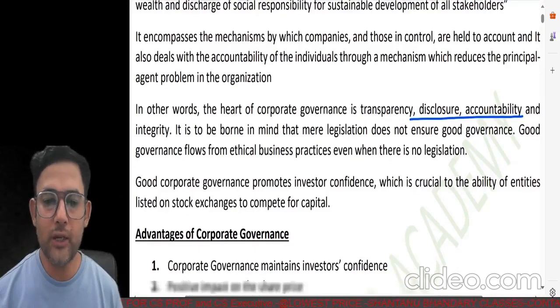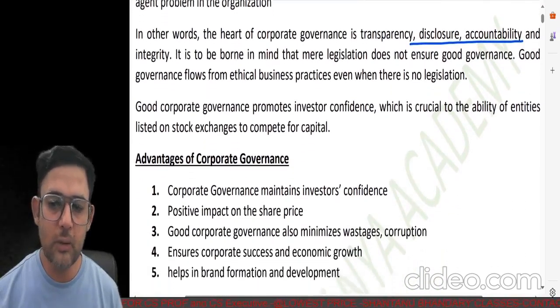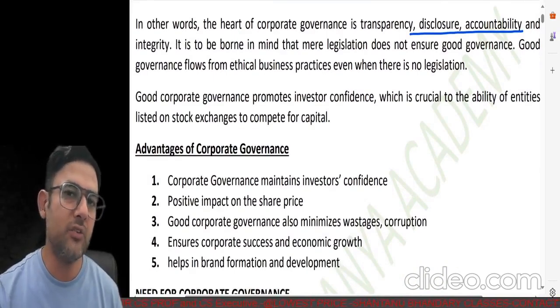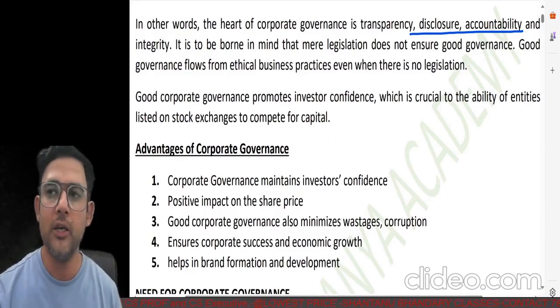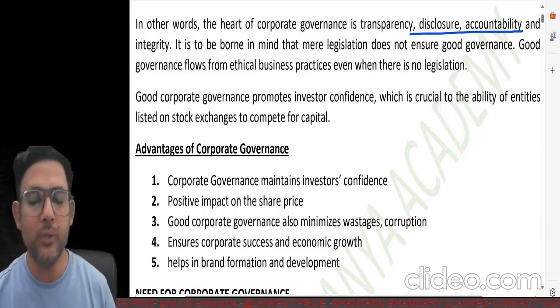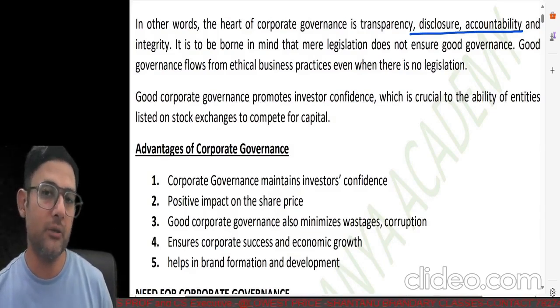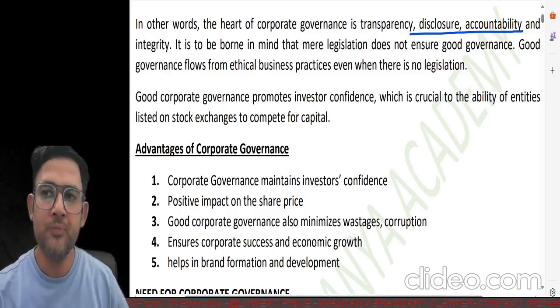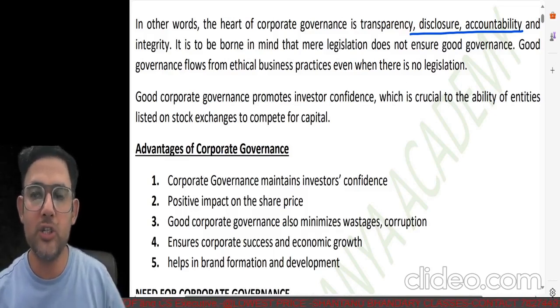Plus, if the company is a compliant company and follows good governance norms, then it becomes easier for that company to raise money from the capital market. You will appreciate that sooner or later every company wants to be a big company and raise capital from the market. And it's not just about raising.